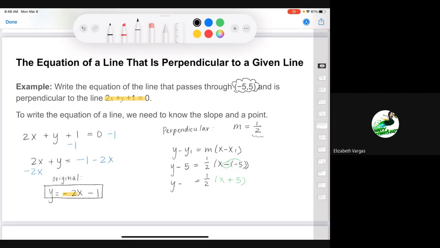Equals y minus 5. Okay, now I'm going to distribute, not my negative, my fraction. So y minus 5 equals, so here I am right here.